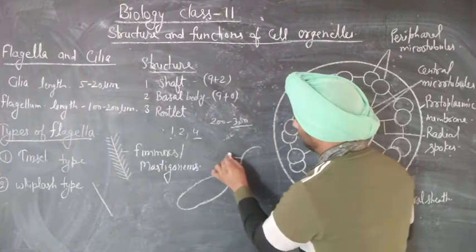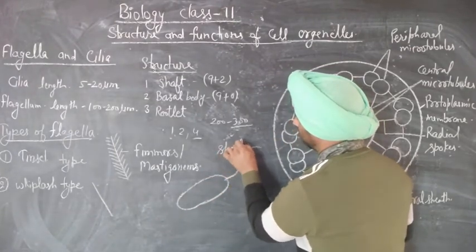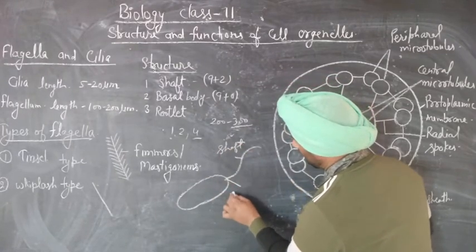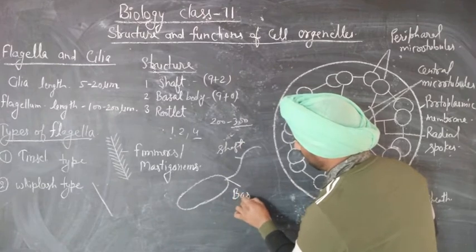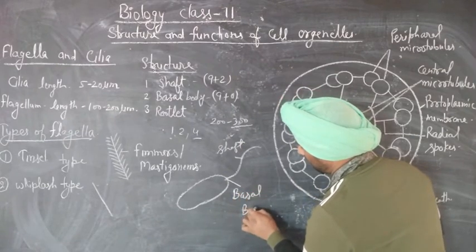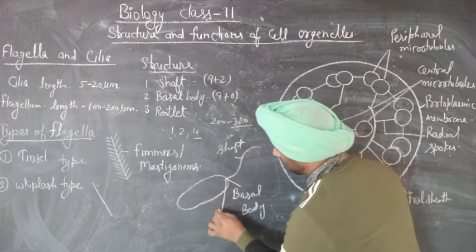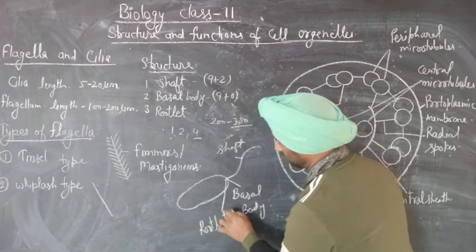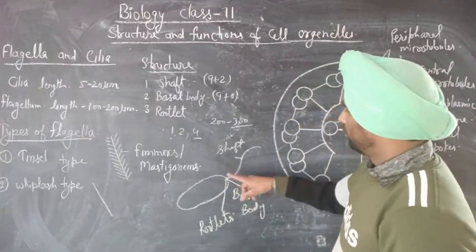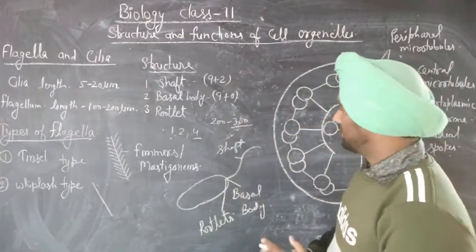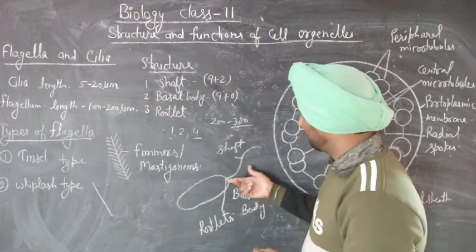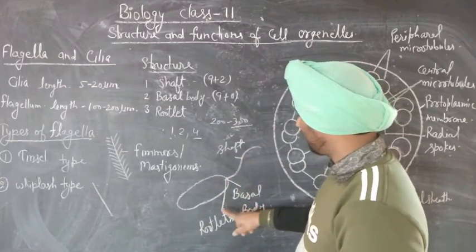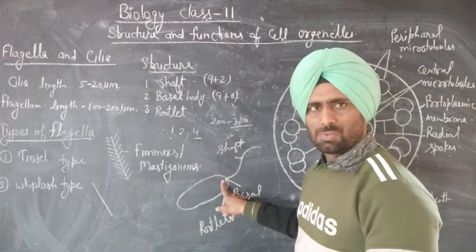So this is the shaft, this is the basal body, and the last part is the rootlet. So cilium or flagellum consists of 3 parts: first is shaft, second basal body, and last is rootlets.